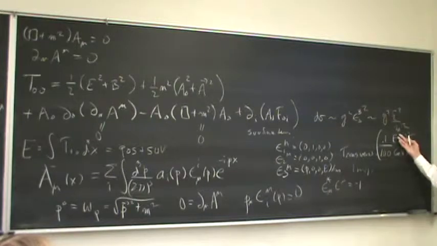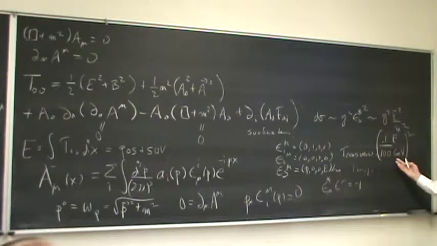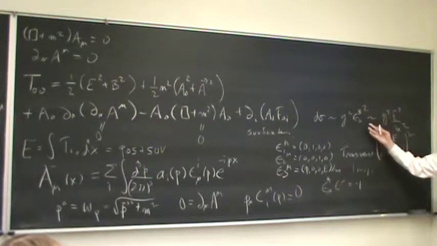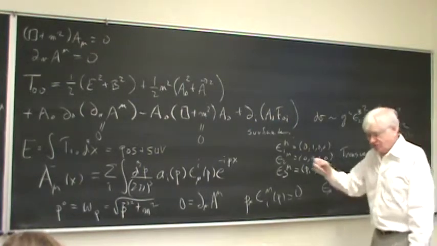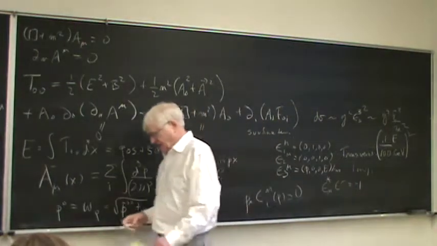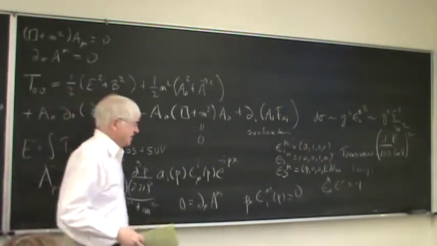So if E is of the order of 1 TeV, you can see that you're going to have cross-sections that potentially, as the energy goes up, will violate unitarity. In other words, the probability would be greater than 1.